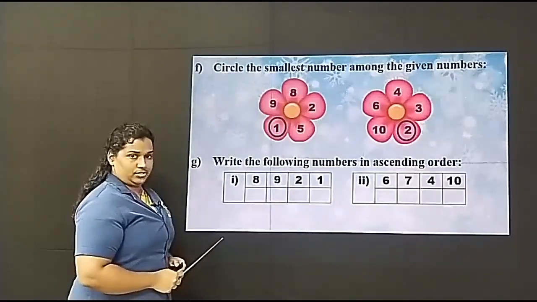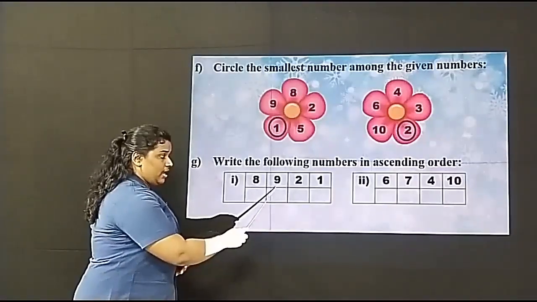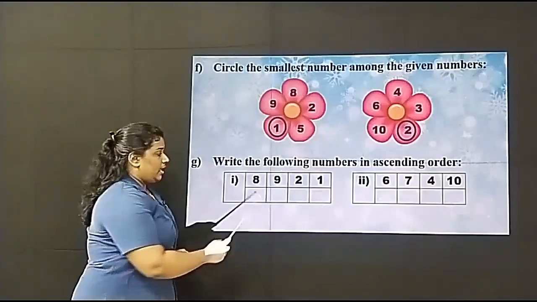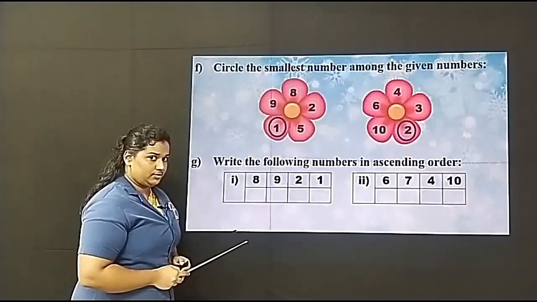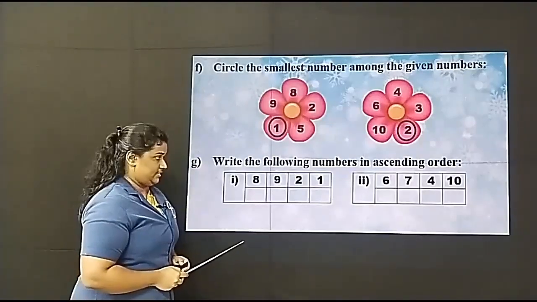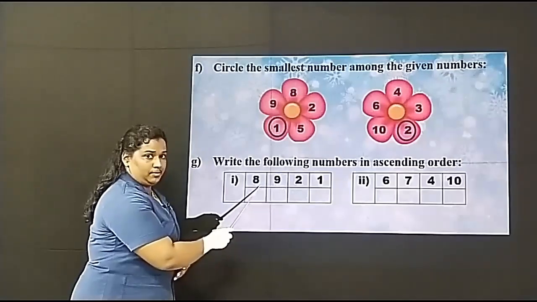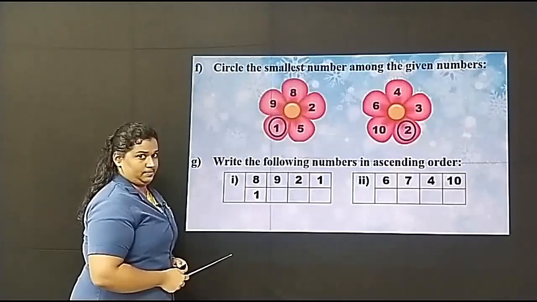The first question, given numbers are 8, 9, 2 and 1. Among these, which is the smaller number? Yes, 1 is smaller than other numbers. So we have to write 1 in the first place.